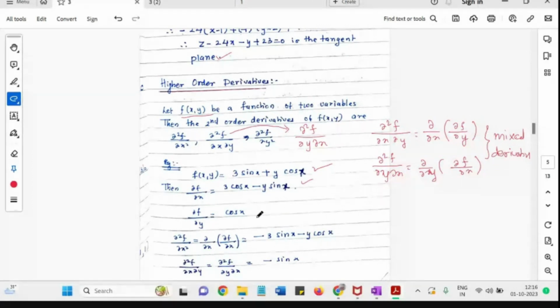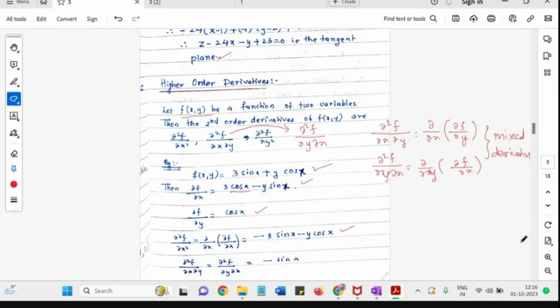Then dou square f by dou x square is the derivative of 3 cos x minus y sin x, which is minus 3 sin x minus y cos x.